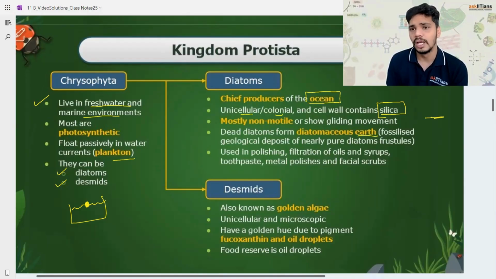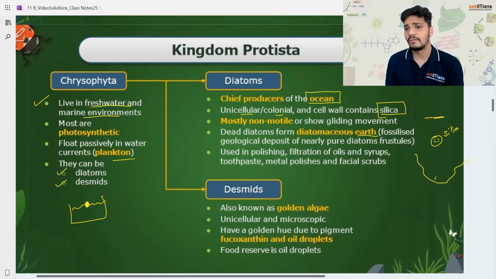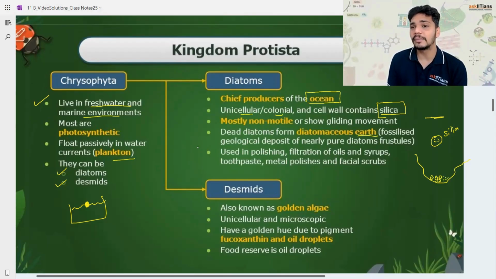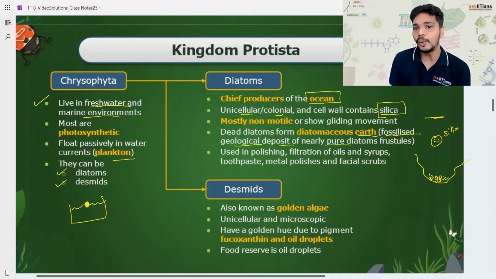Now I will tell you. The diatom is made of silica. Once they die, the silica, the remnants of that diatom, will fall on the seabed, and the silicated material is going to accumulate at the seabed. So they are called fossilized geological deposits of nearly pure diatoms.